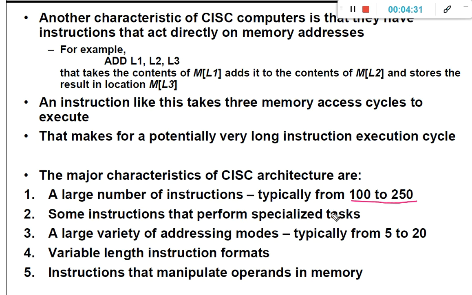Among these instructions, some are going to perform specialized tasks. For every specialized operation there will be a specific instruction in CISC computers. And a large variety of addressing modes will be there, typically ranging from 5 to 20. We have seen some of the addressing modes in the last class.